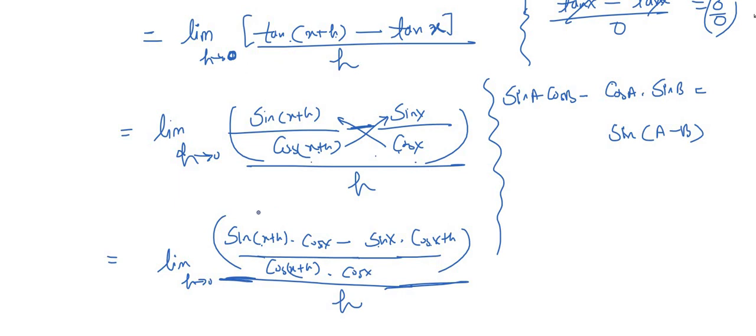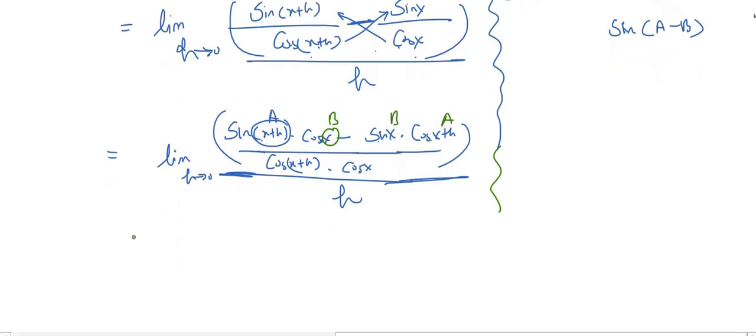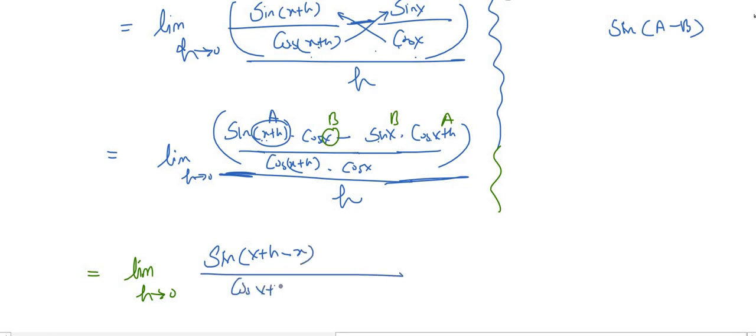If I consider this angle as a and this angle as b, and apply the formula, it will become, let me write down, the limit as h tends to 0, and the top part becomes sin of a minus b, which is x plus h minus x, divided by cos of x plus h into cos x, and this was already in the denominator h.